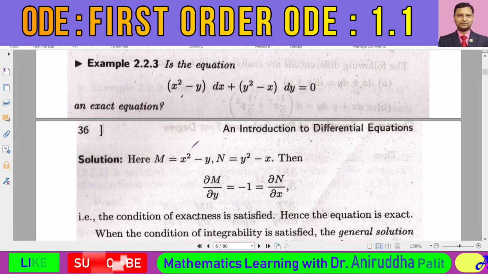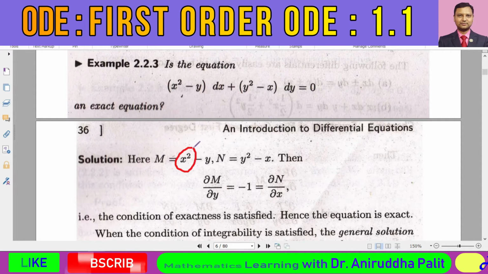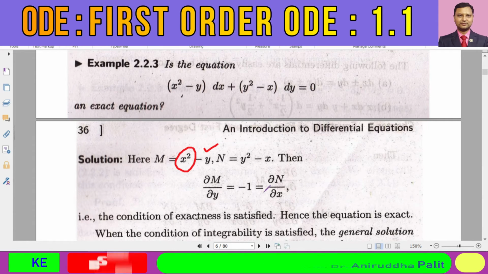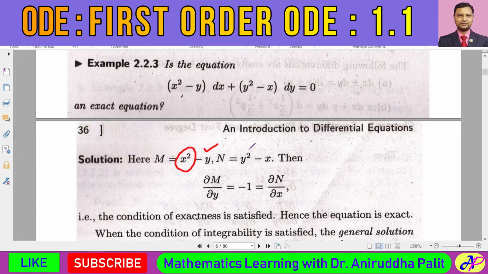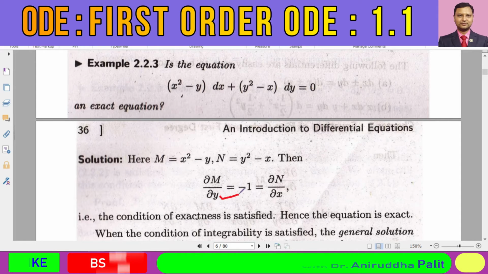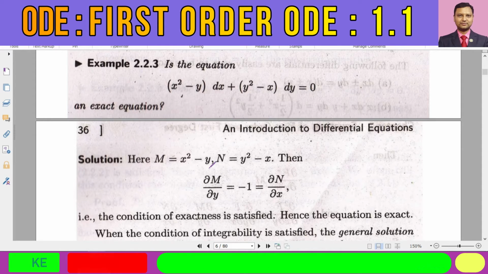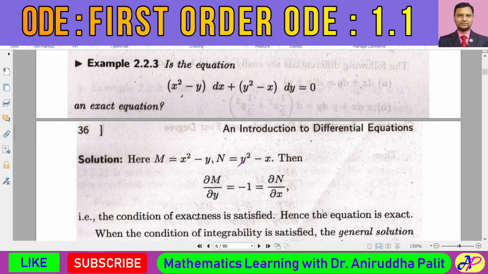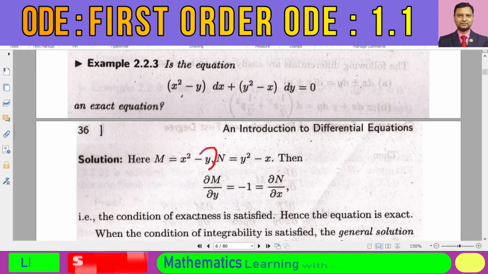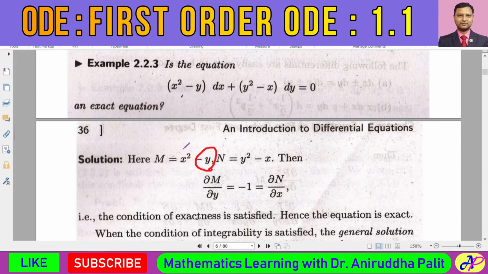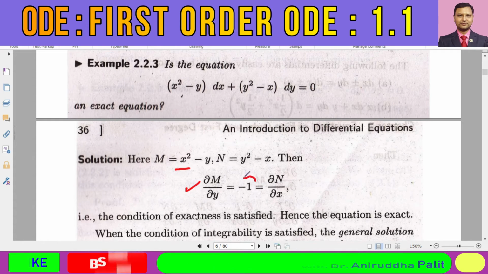In the case of a partial derivative, because we are interested in the partial derivative with respect to y, we just consider the variable y as the variable quantity, and the remaining quantities are treated as constants. This is the idea of partial derivative. So over here x square would be treated as a constant whenever we consider this partial derivative del M del y. So del M del y would be equal to -1.